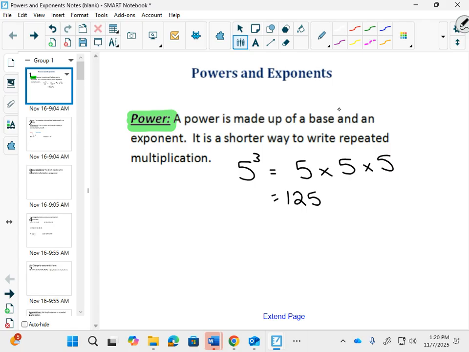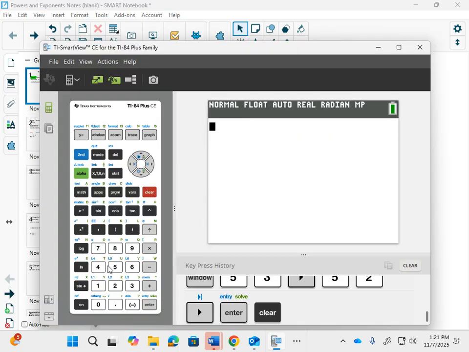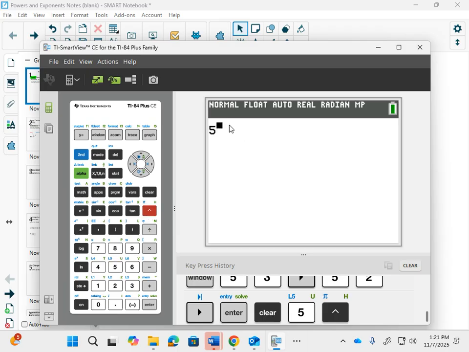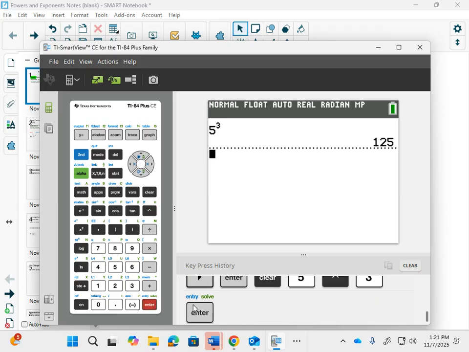And what we want to find out is, how do we do it on our calculator? If I pull out my calculator, I'm going to type 5, and on my calculator, I've got a little hat button. This little hat button moves it up to the exponent, and I can do 5 to the 3. Some calculators have the hat button.